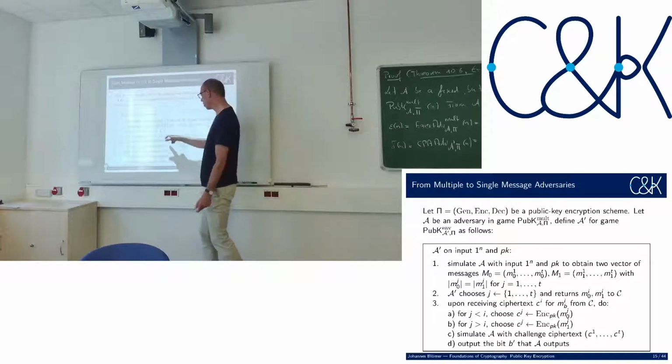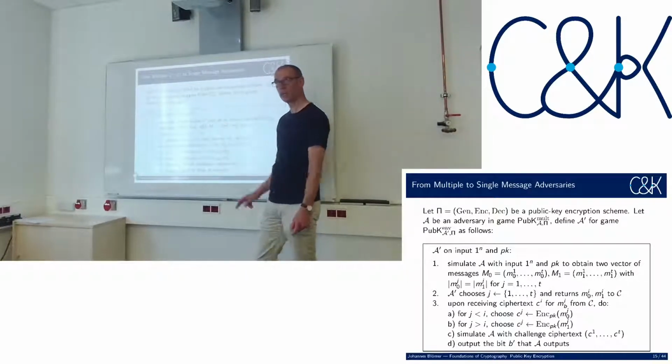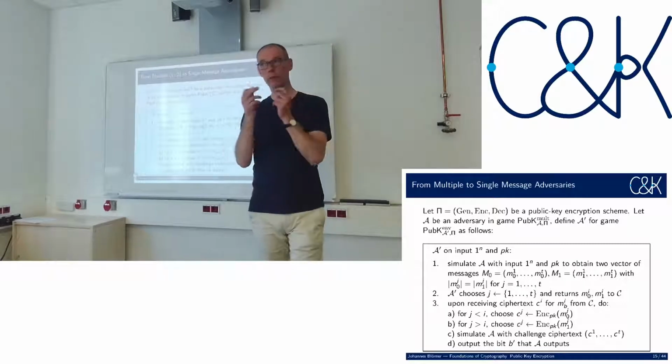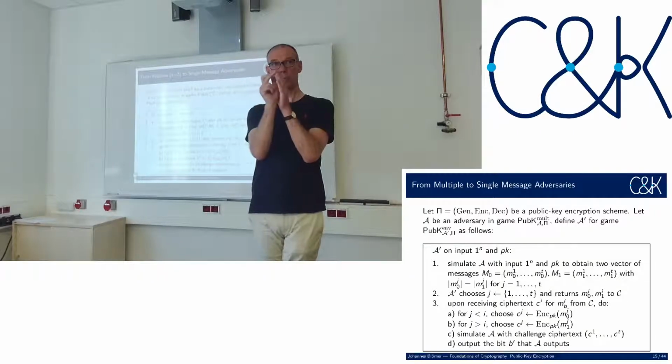So it picks a position here, and then it gives the message from M0 in that position and from M1 in that position. That's the way A prime chooses the two messages to give to its challenger. Not sequences of messages, but one message.